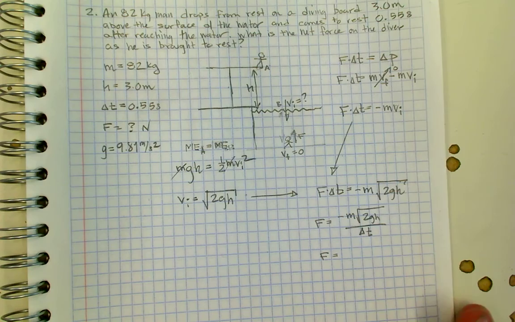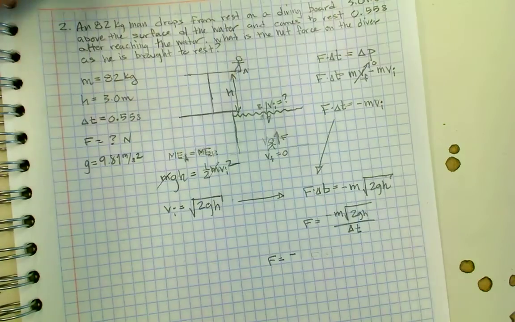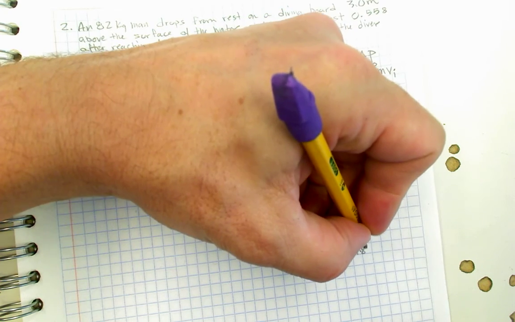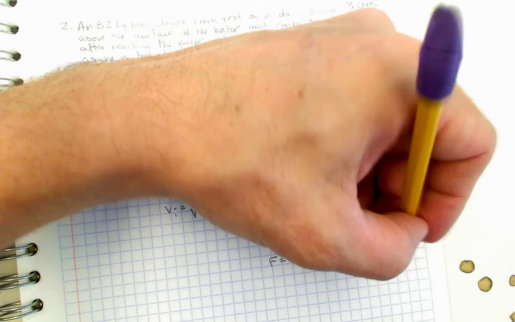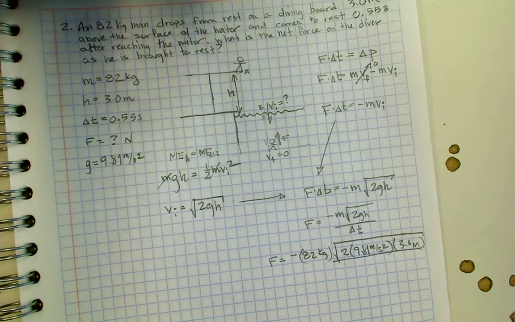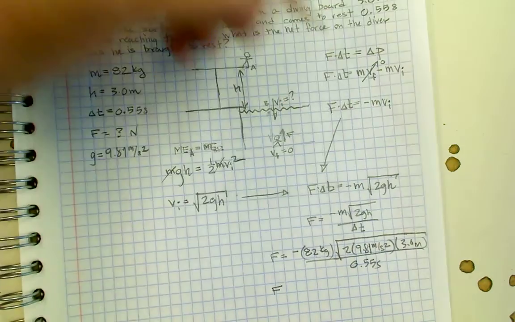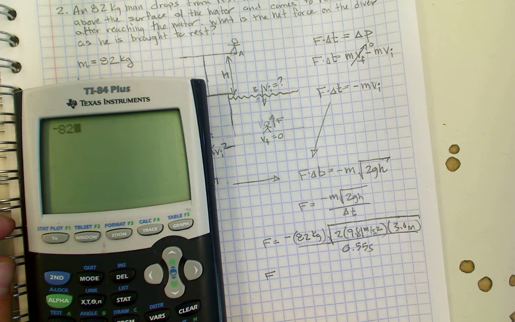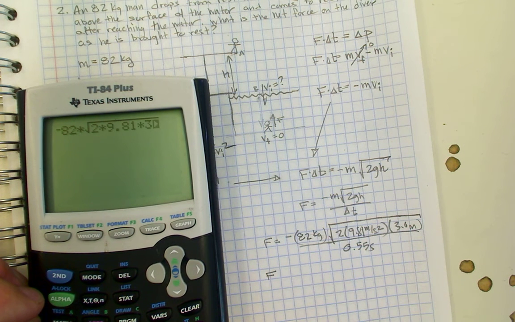And so when I plug all this stuff in, negative 82 kilograms times the square root of 2 times 9.81 meters per second squared times 3.0 meters, all divided by the change in time, which is 0.55 seconds, we get a force of negative 82 times the square root of 2 times 9.81 times 3, and then I'm going to divide that by 0.55.